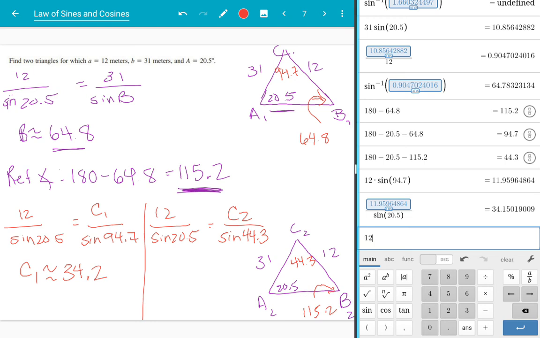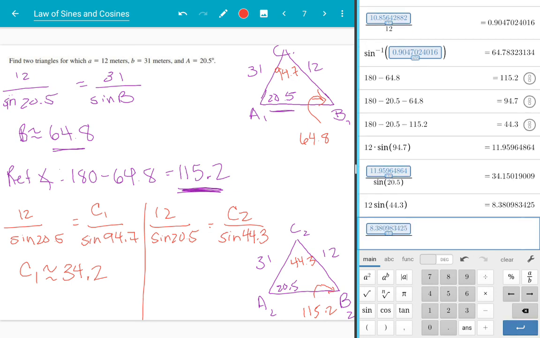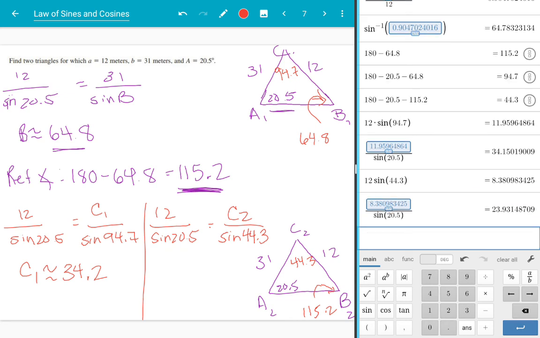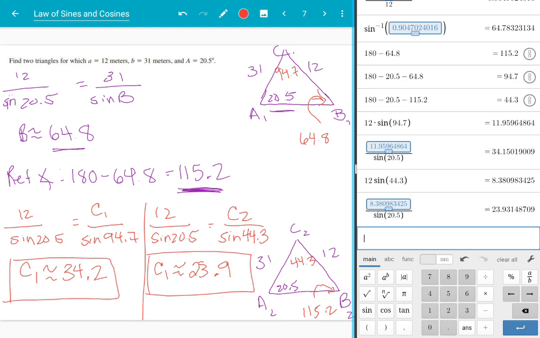So 12 times the sine of 44.3. We take the answer and divide that by the sine of 20.5. So C2 there is approximately 23.9. All right, so there are the C values for each of the two triangles. So C1, 34.2, C2, 23.9.